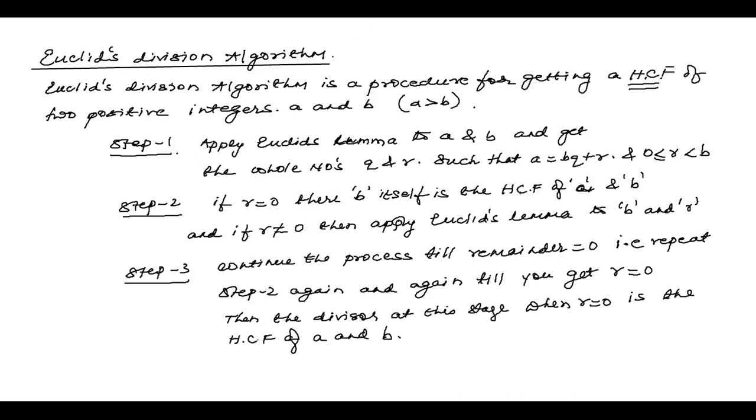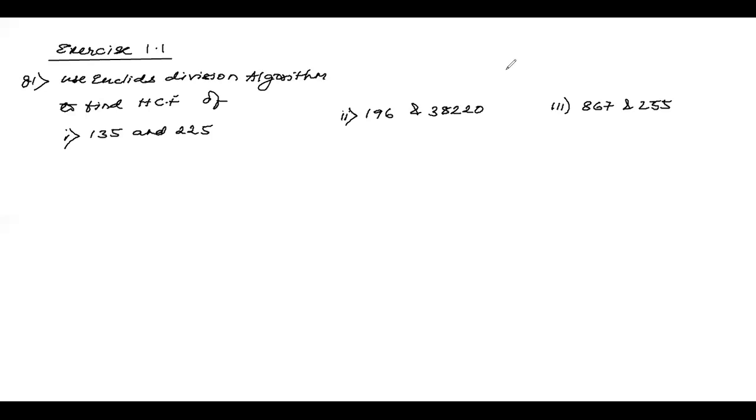So with exercise 1.1 I'm sure you will understand better, okay children. Now what is this exercise 1.1? Let's see. Exercise 1.1. Children, this particular exercise, look at all the sums of the book.